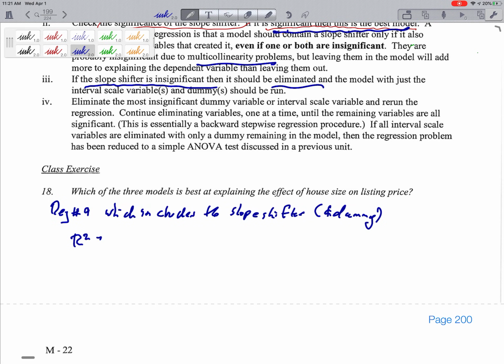It had an R squared which was a big jump up. It went up to 74%, I think it was. Let me get back to my page. 74.8%, which was a big increase. And most importantly, the slope shifter is significant.